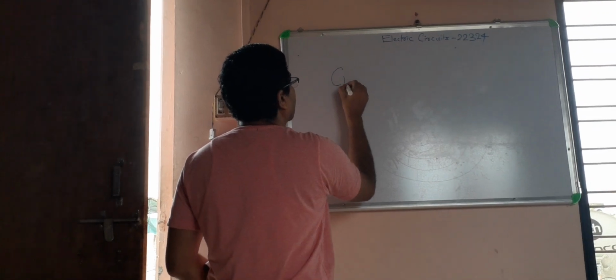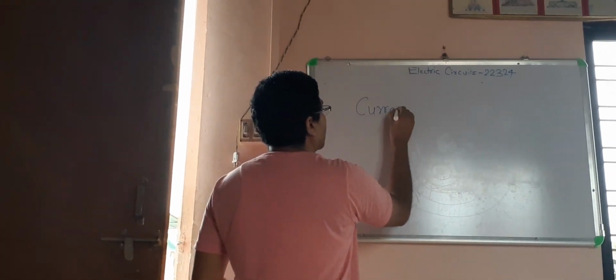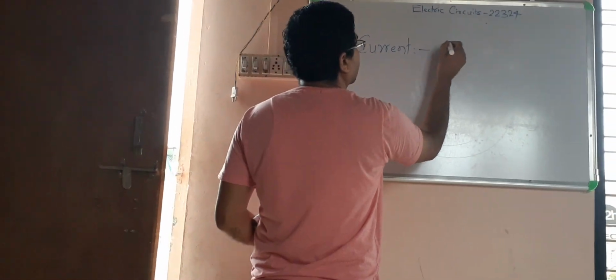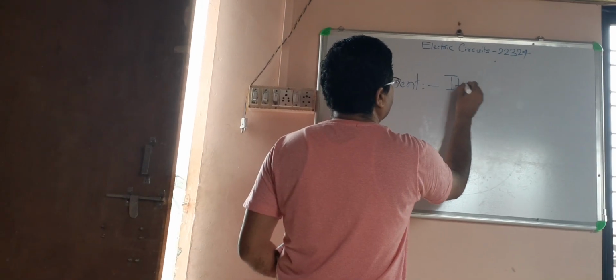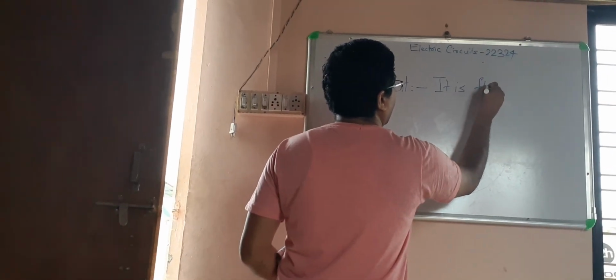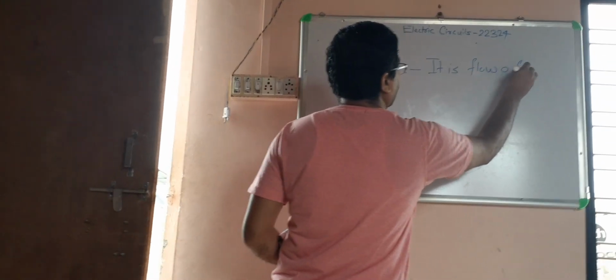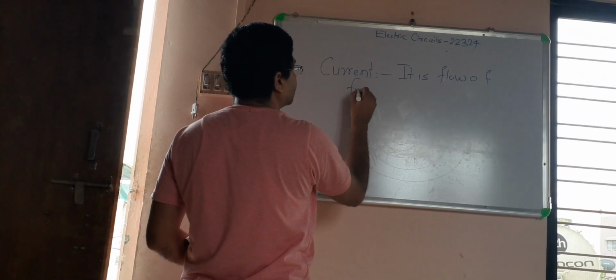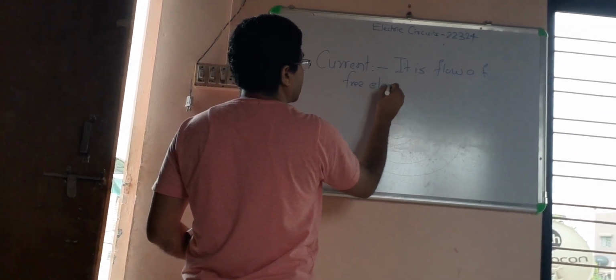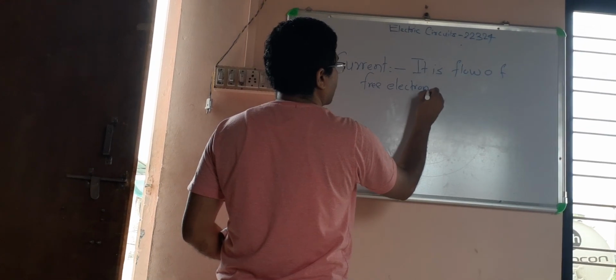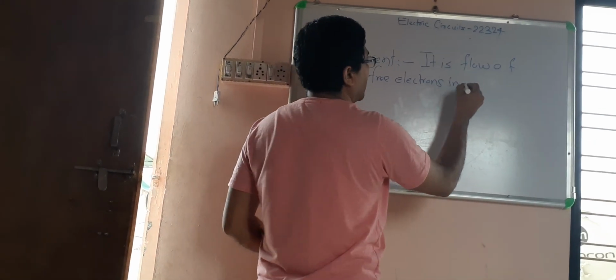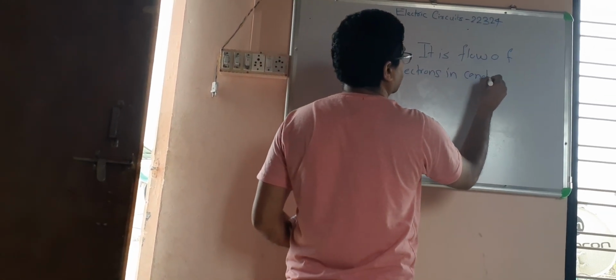Current is the flow of free electrons in a conductor.